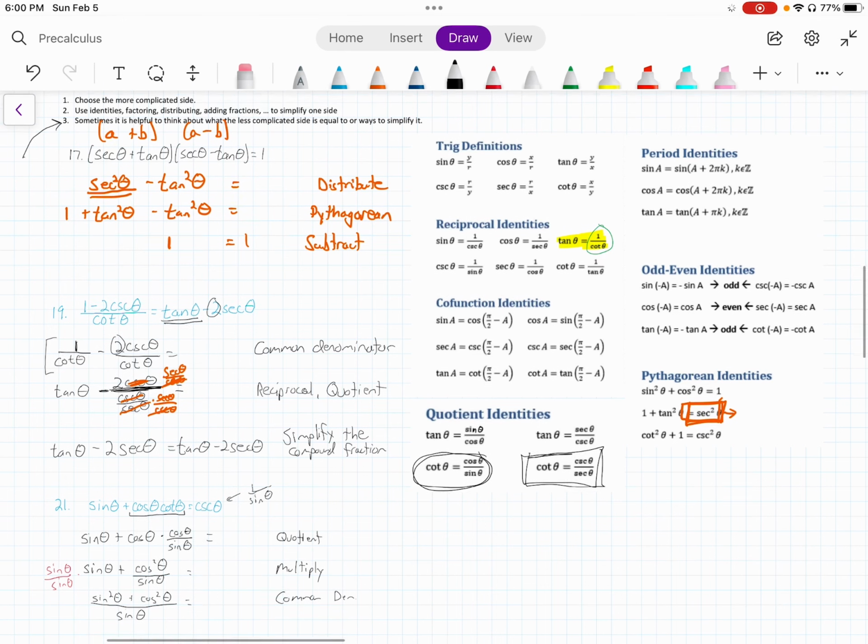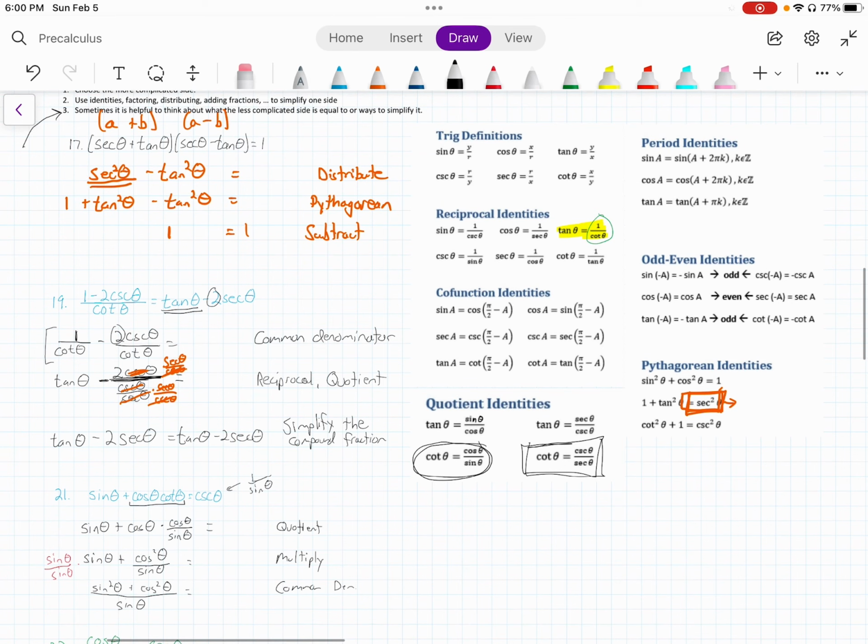I have to slide down a little bit here. What's sine squared plus cosine squared? We've seen that a few times. We see some squared terms. That should remind us of Pythagorean, and we know sine squared plus cosine squared is equal to 1. So we have 1 over sine of theta equals cosecant theta, and that's kind of actually what I reminded us at the beginning, that 1 over sine theta is cosecant theta.